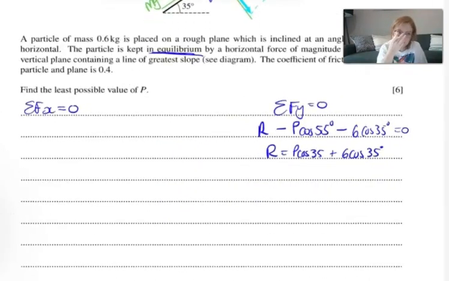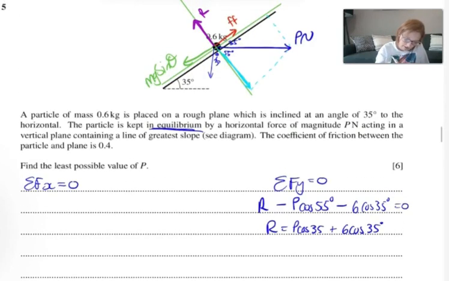Then I'm going to go into my X direction. If I'm looking at X, I've got different things acting up and down the plane. So I'm going to take down the plane as positive. So I've got my mg sine theta going down. I always like to make the direction of motion positive, so it wants to slip down. My frictional force will act opposite it.